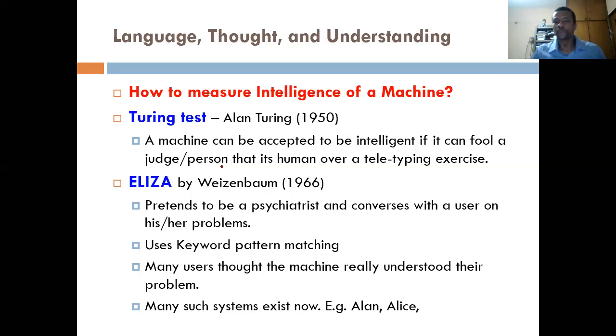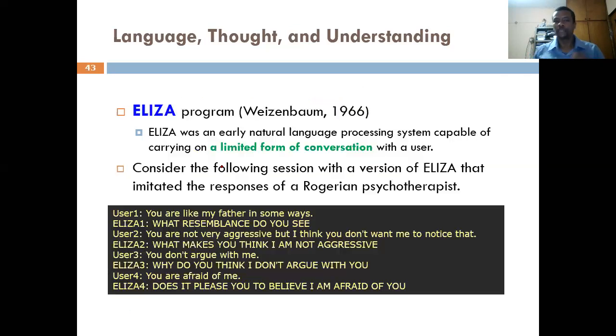And for that, in 1966, there is a system called Eliza, which acts as a psychiatrist. Mind you, we didn't have a speech system at that time. You use teletyping, which means you type to interact with the machine. In that system, this is what happened. The user says, you are like my father in some ways.